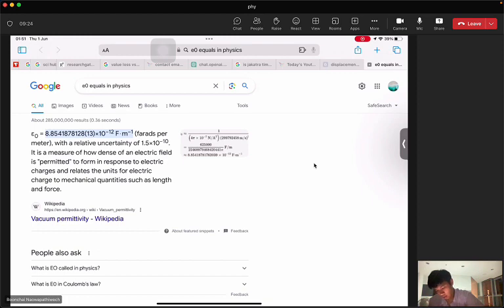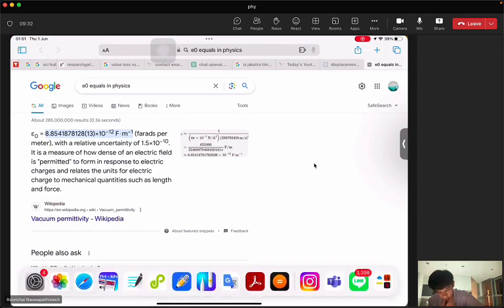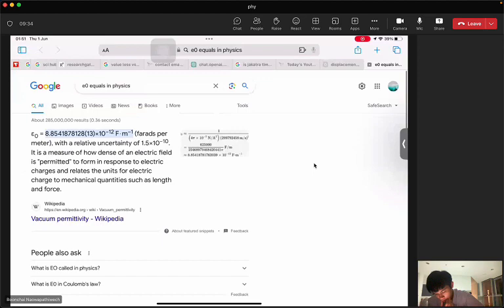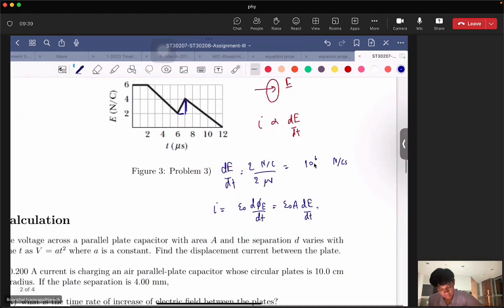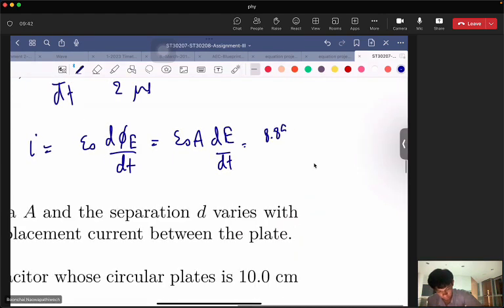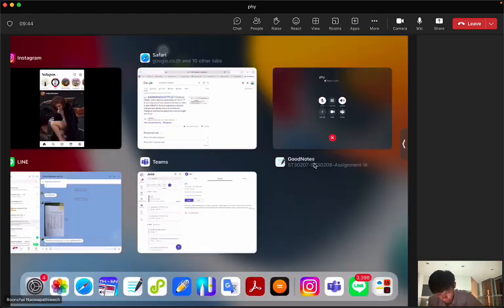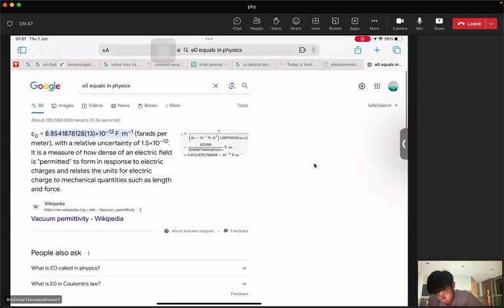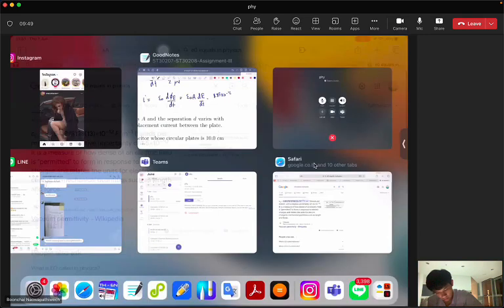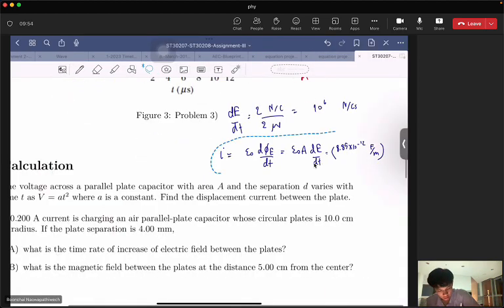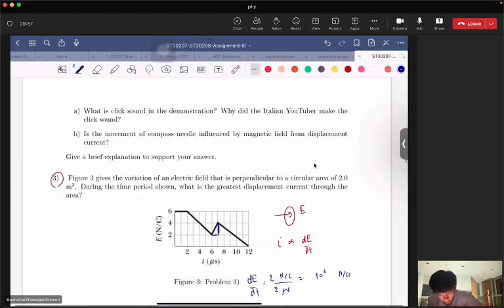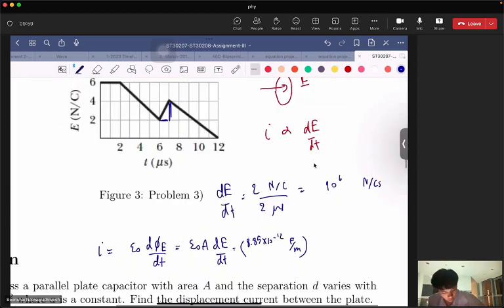Epsilon naught is 8.85 times 10 to the minus 12, and the area is 2.0.